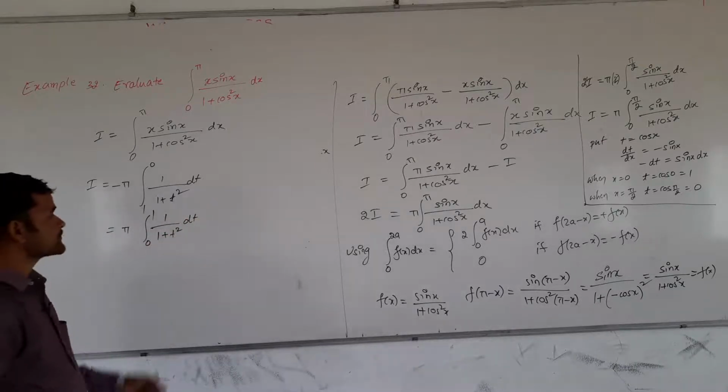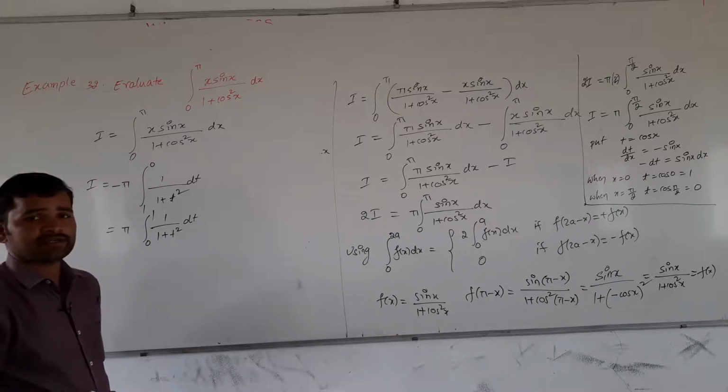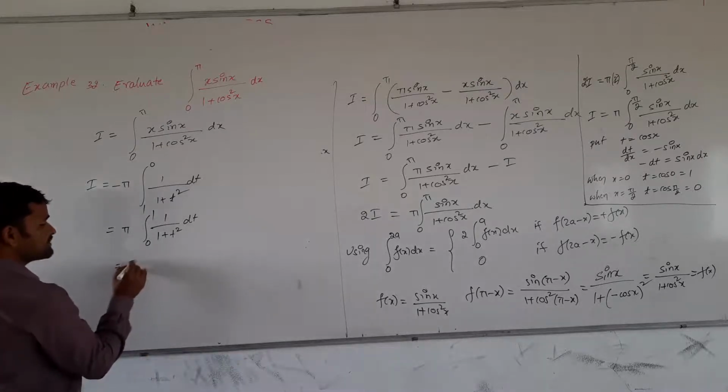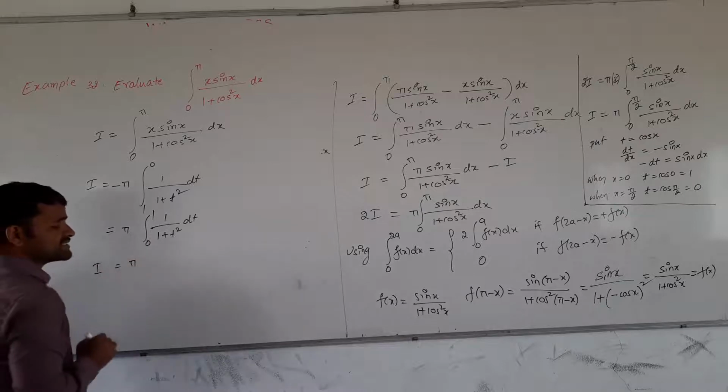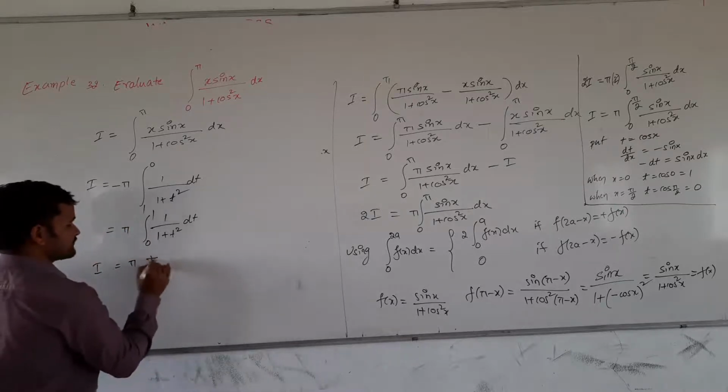Which property is this? If you change the upper limit and lower limit, the sign of the integral changes, plus or minus, like that. Pi outside as it is, I is equal to, what is the integration of 1 by 1 plus t square? That is tan inverse of t.